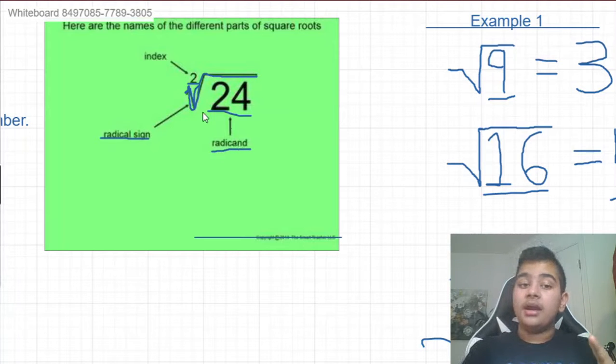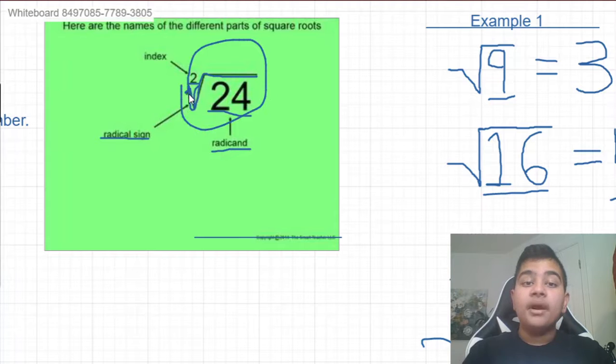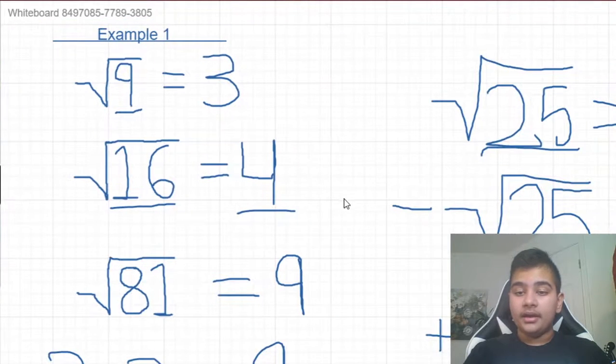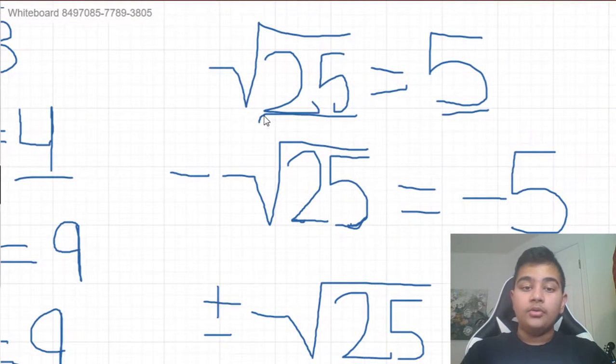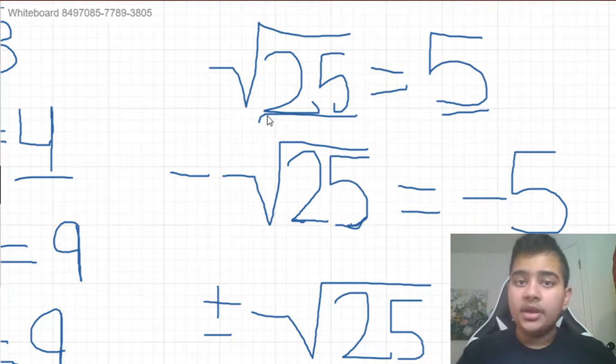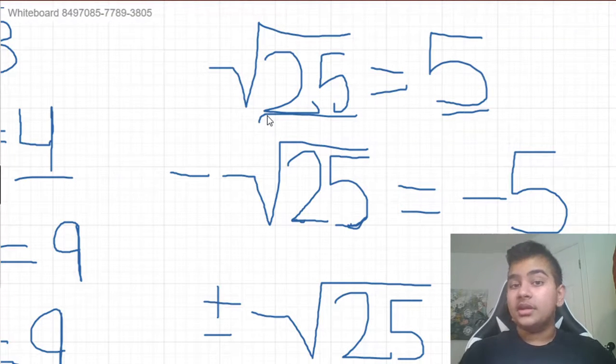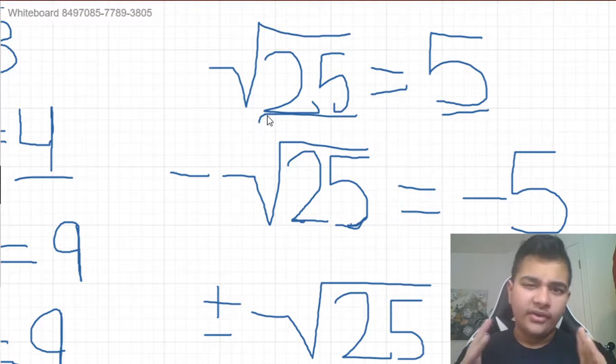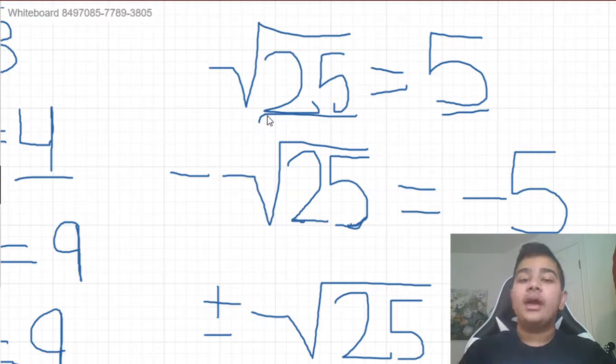That means this whole thing is a perfect square. So what is two of the same numbers multiplied with each other that equals 25? 5. So I hope you guys are getting the hang of this now.